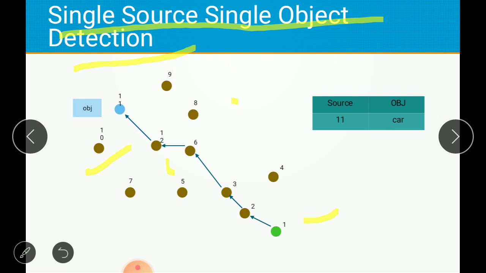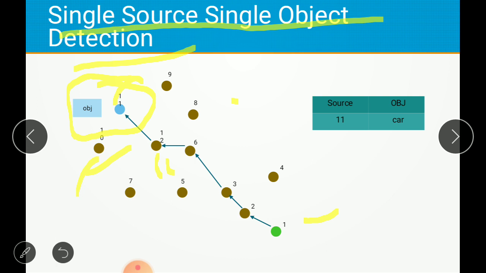Sorry for the format. In this case, node 11 identifies the object, which could be anything like a car or a truck. Here I use a car as the object.